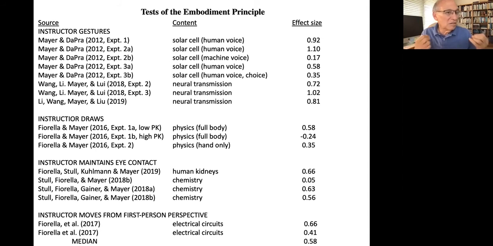The next set is instructors who draw as they're talking rather than just having the drawing already on the screen or on the board. That helps. Instructor maintaining eye contact while lecturing, that helps. Or the instructor being shown from a first-person perspective rather than third, that helps.